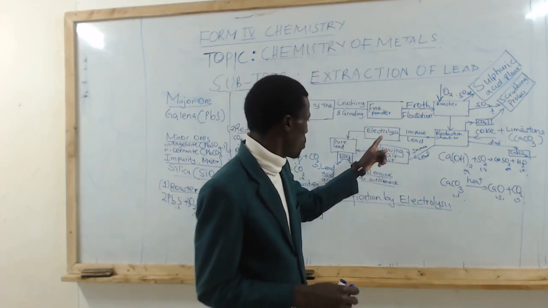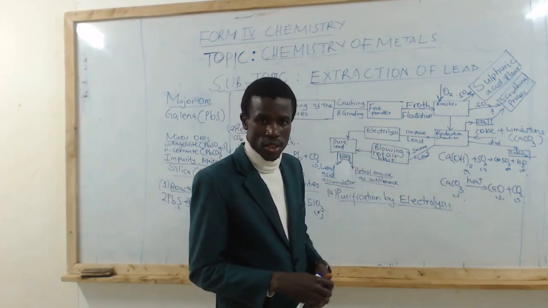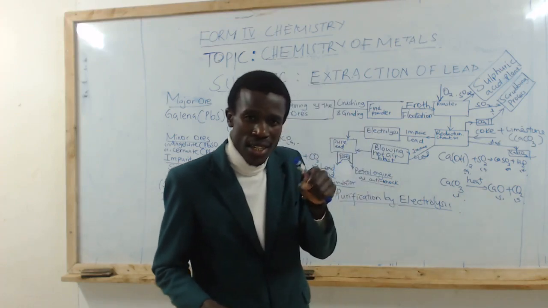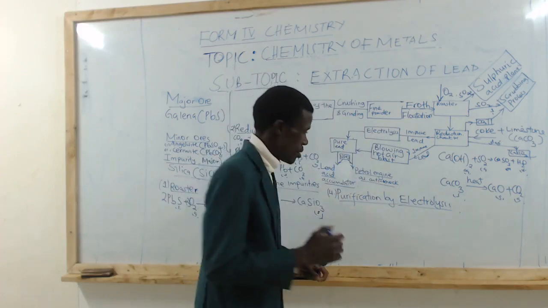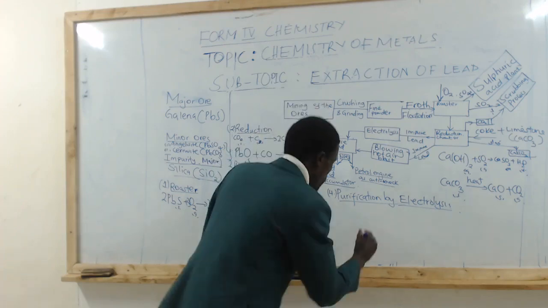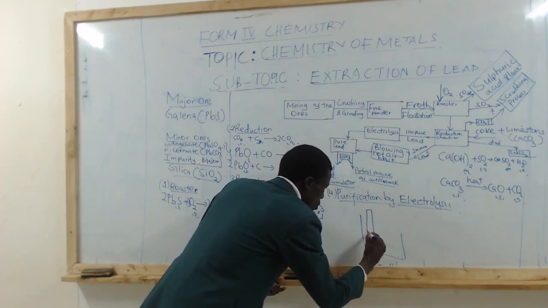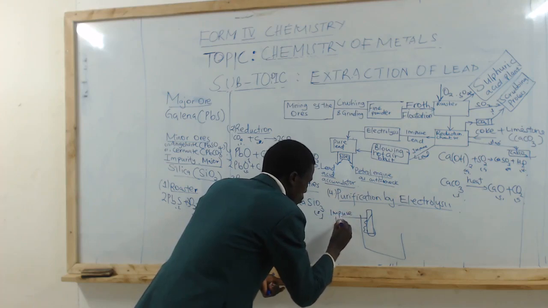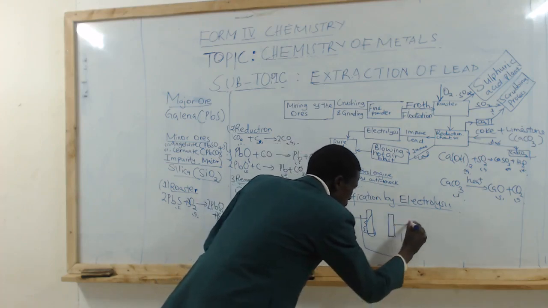The best method to produce a pure lead is by electrolysis, whereby the impure lead is electrolyzed in an electrolytic cell, as shown below, having the anode being the impure lead and the cathode being the pure lead.